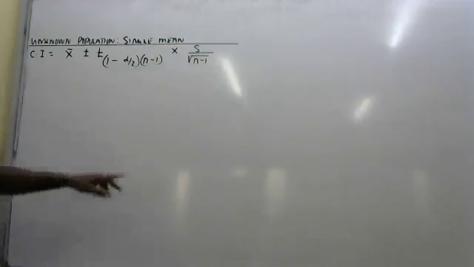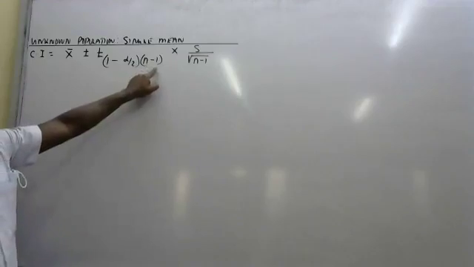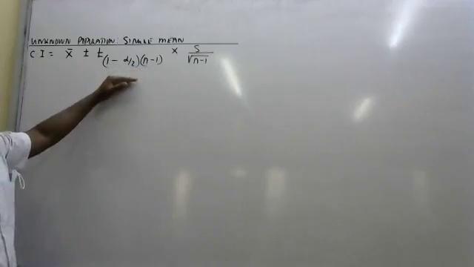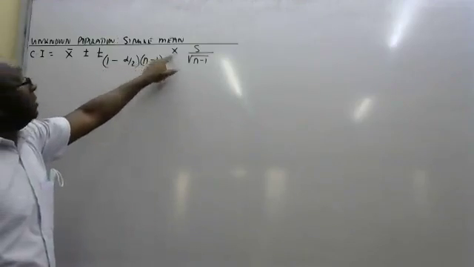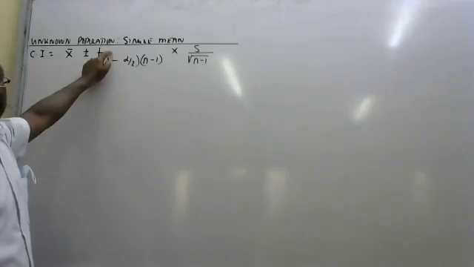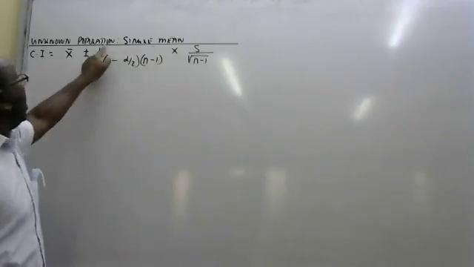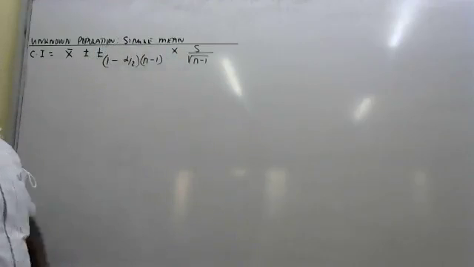Now this one, angalia hapa. Kuanzia hapa hii 1 minus alpha out of 2, n minus 1, hii ni sub. Ni sub, sub ni namba yenye inaandikwa chini ya ingine. Then times S. S sasa iko in the same line na T. Because I normally see some students write kama S in power ya D. No. S iko on the same line na T.